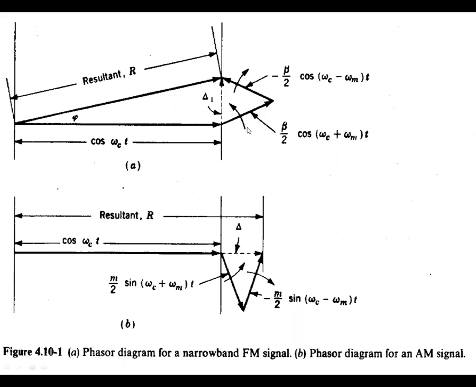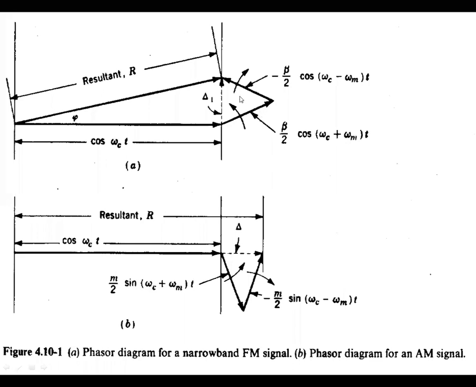This sideband magnitude is beta by 2 cos (omega c plus omega m) t, rotating counterclockwise, whereas minus beta by 2 cos (omega c minus omega m) t is rotating in the clockwise direction.